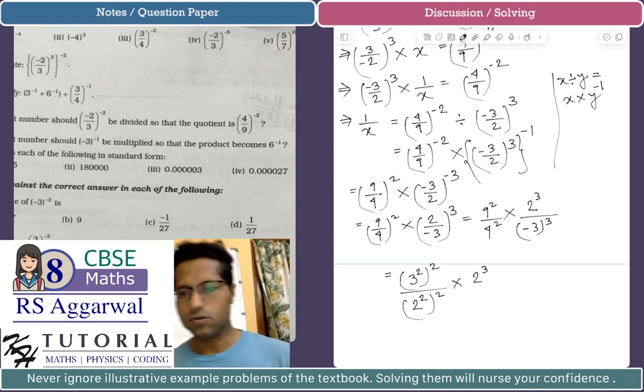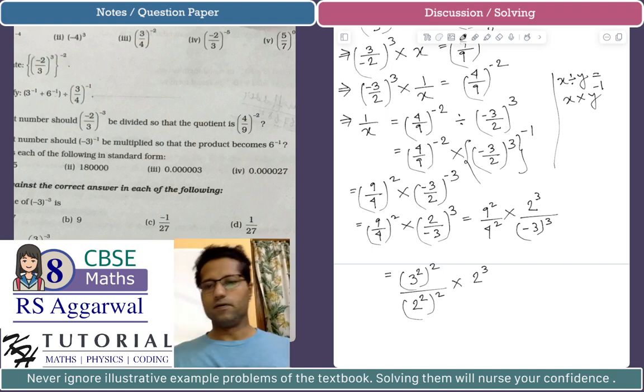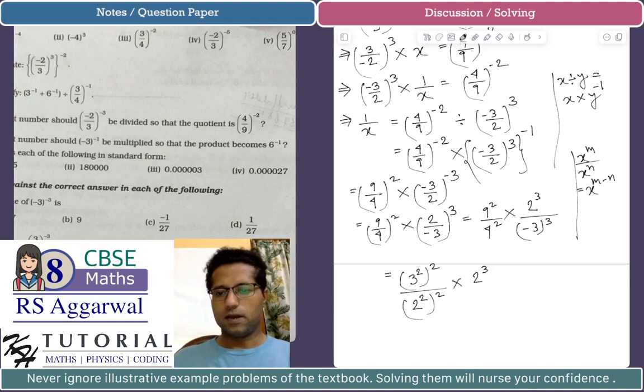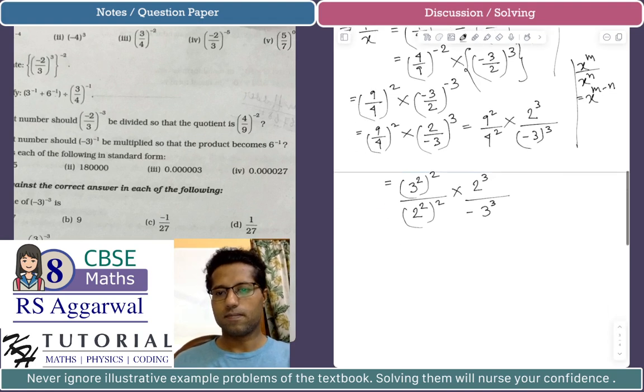So the idea is to convert all the exponents into a similar base, so that we can apply the formula x to the power m divided by x to the power n is equal to x to the power m minus n, and minus 3 raised to the power 3 will be negative of 3 raised to the power 3, because the power 3 is odd.